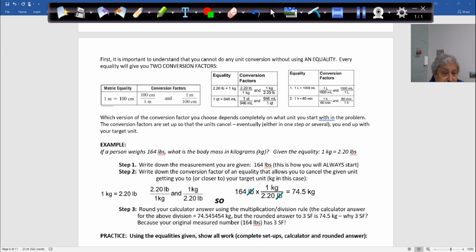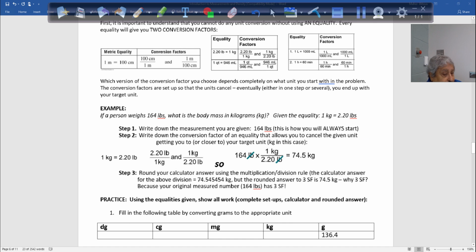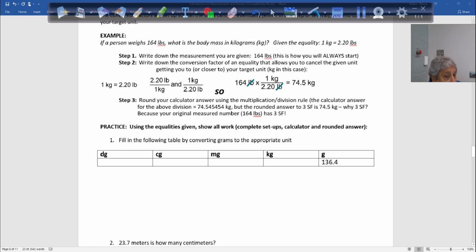So those are the units. Any questions about these conversions? Now, decigram, centigram, milligram, kilogram, and gram. Always watch out for these prefixes.